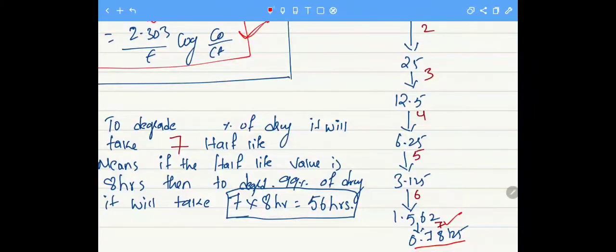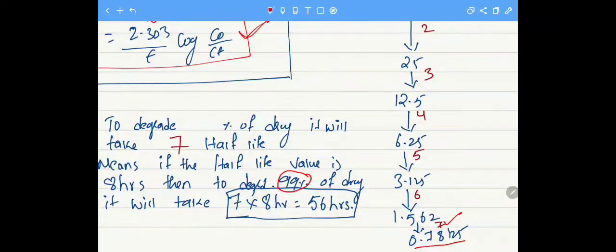Now why am I showing you this? Because there is a question in the GPAT. The question will ask you like this: how many half-lives will first order kinetics take to degrade 99% of the drug?